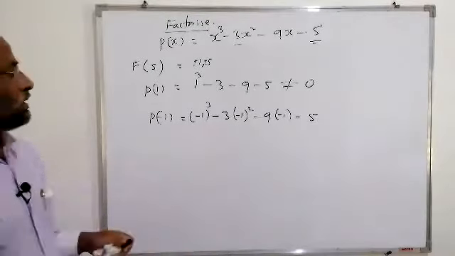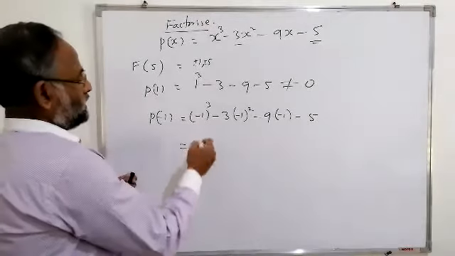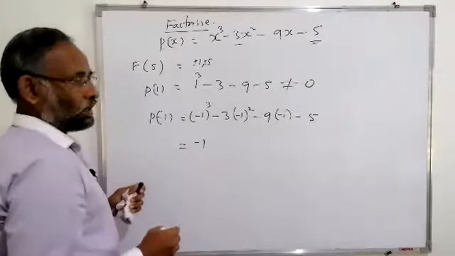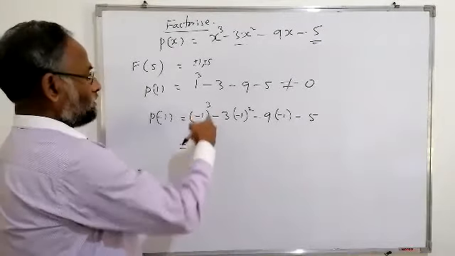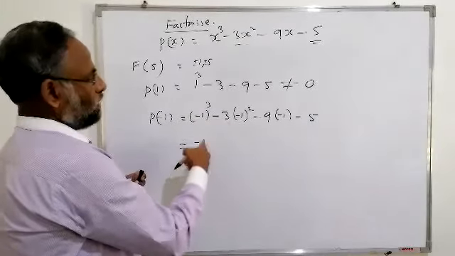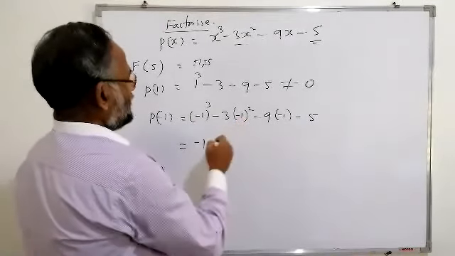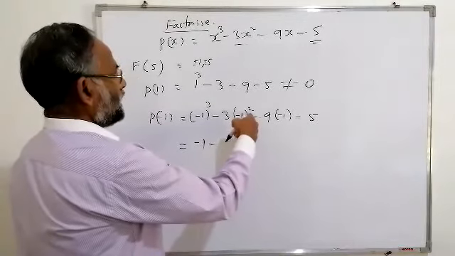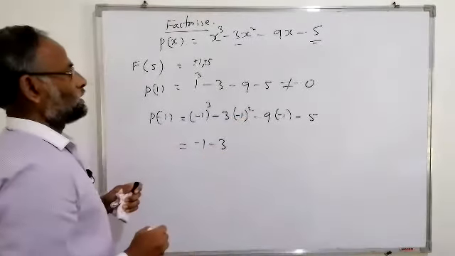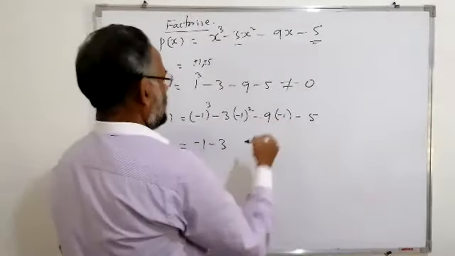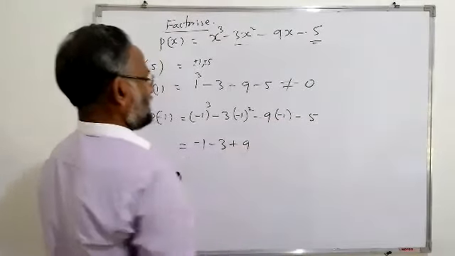Substitute only. Minus 1 cube means minus 1. When the power of minus 1 is an odd number, it is minus. Now, minus 1 square means plus 1, so minus 3. Minus into minus is plus.